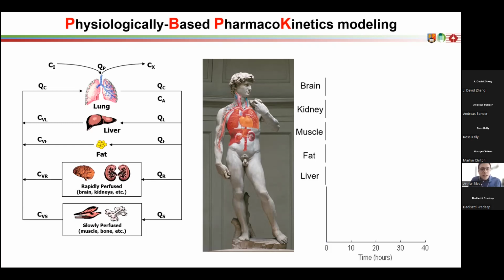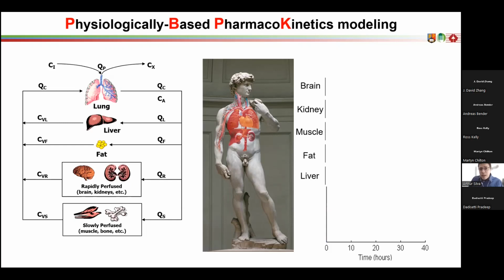Initially, in the modeling step, simple but realistic models can be generated, and we can increase the complexity of each model as soon as it is required. For example, here on the left-hand side in this picture, we can see in the bottom part of the picture, rapidly perfused and slowly perfused compartments.